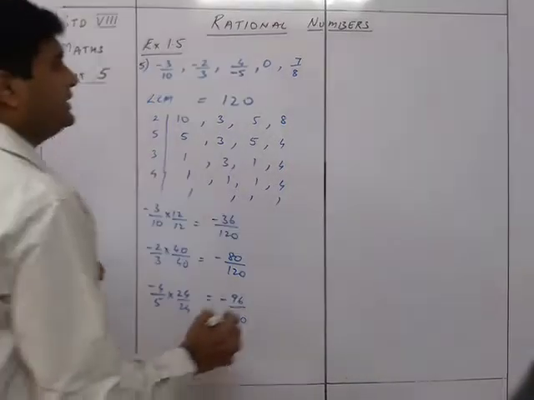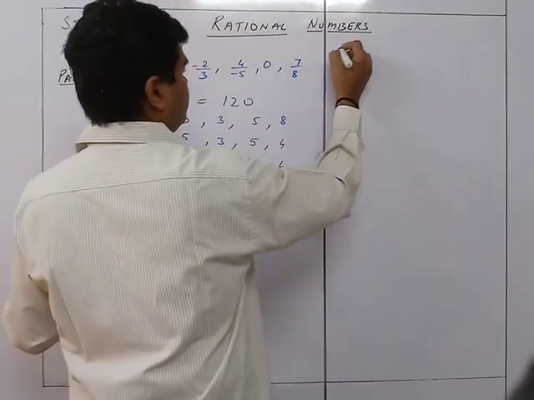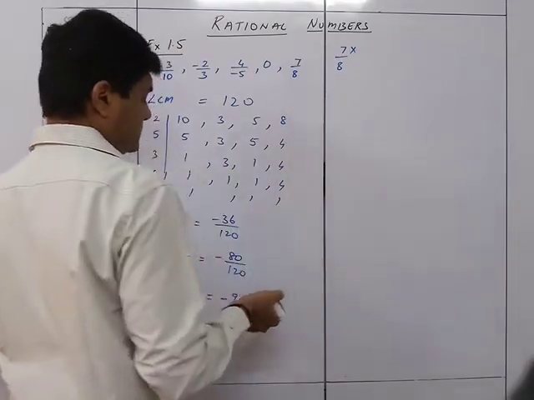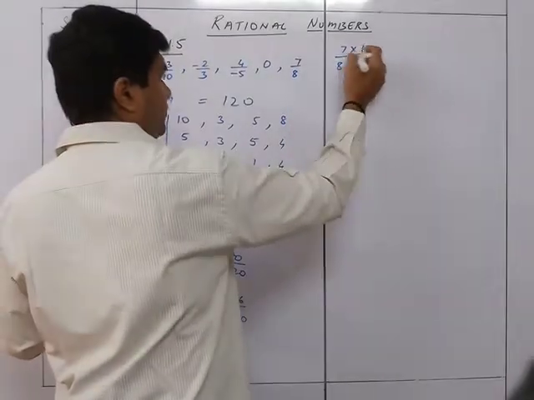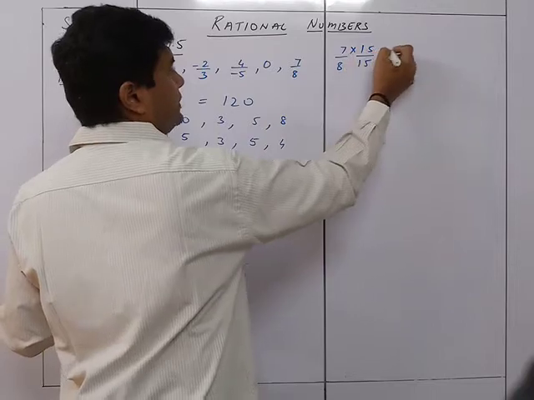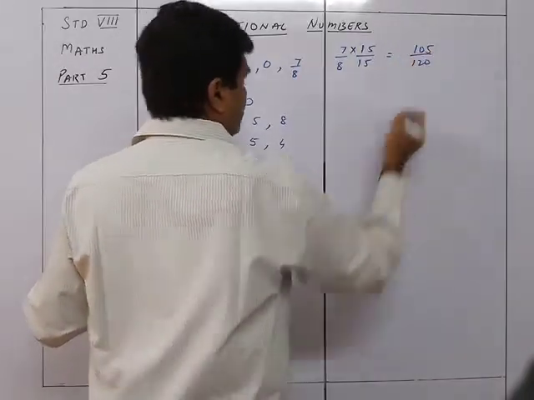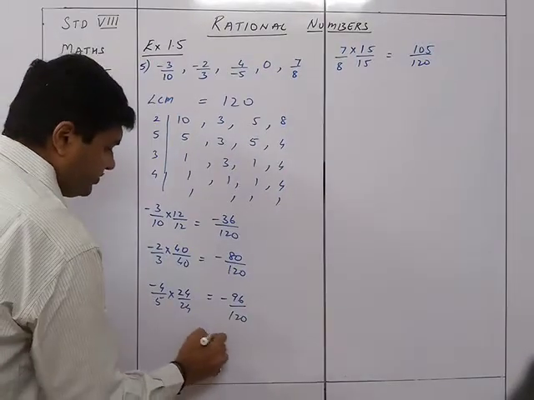And finally, 0 will remain 0 only, then 7 upon 8 into 15 upon 15, so it is 105 upon 120.